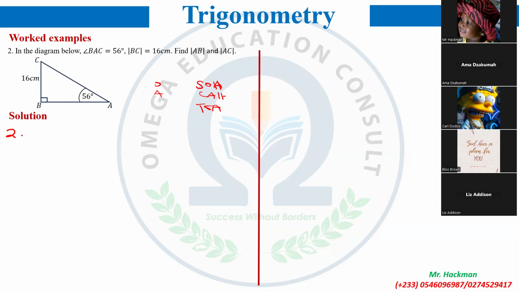Always let this make your work very easy for you. Opposite, adjacent, and I can see the opposite and adjacent are here. So that tells me I have to use what? Tan.